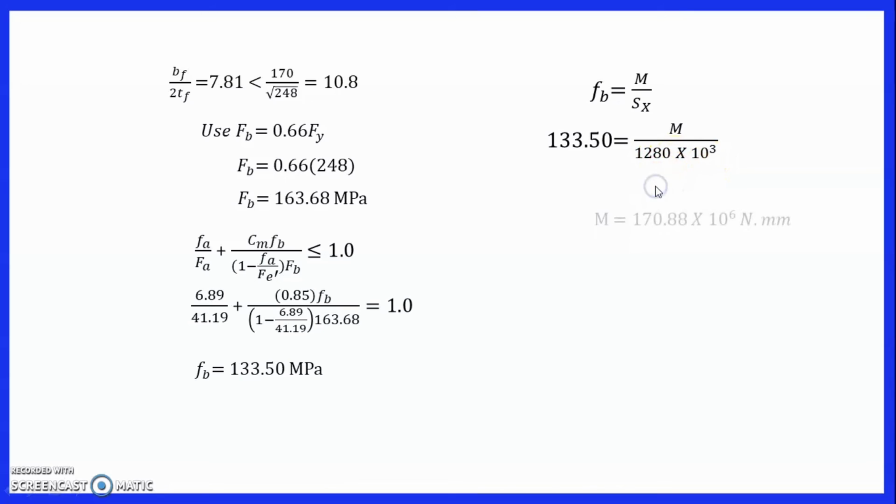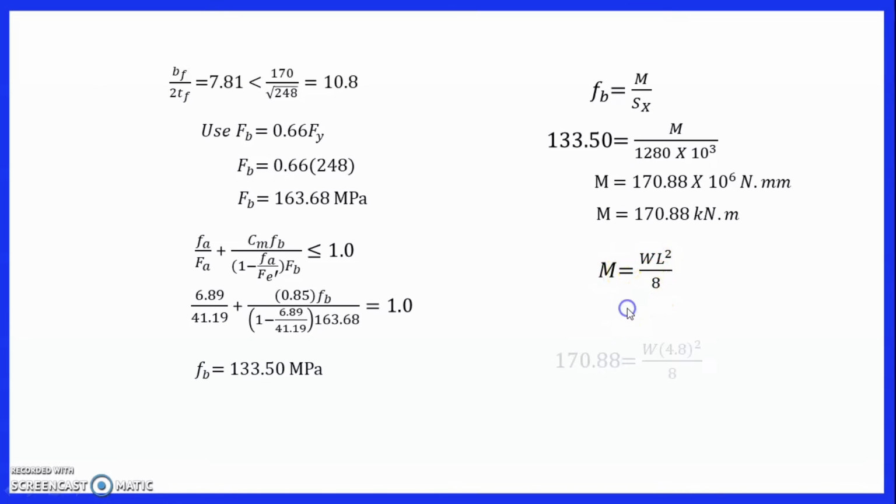So our bending moment is equal to 170.88 times 10 to the power of 6 Newton millimeter, or we have 170.88 kilonewton meter.